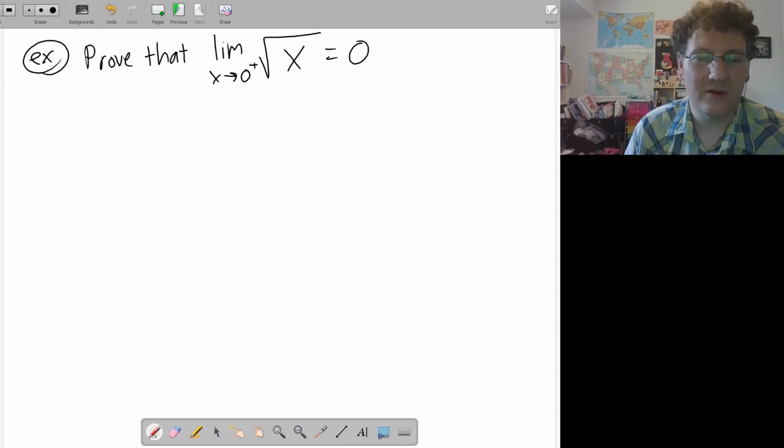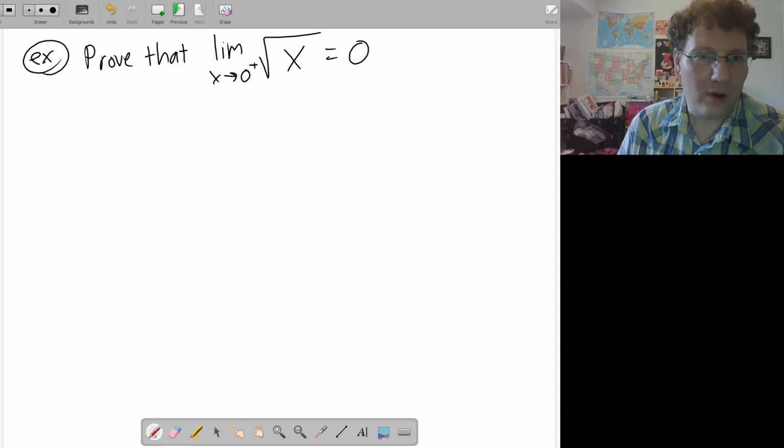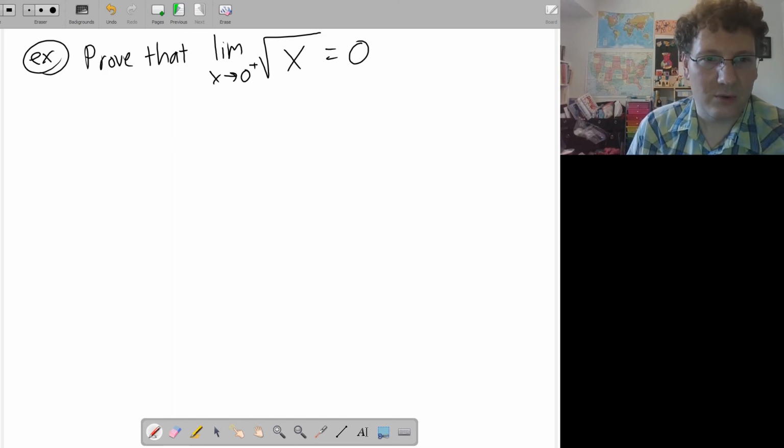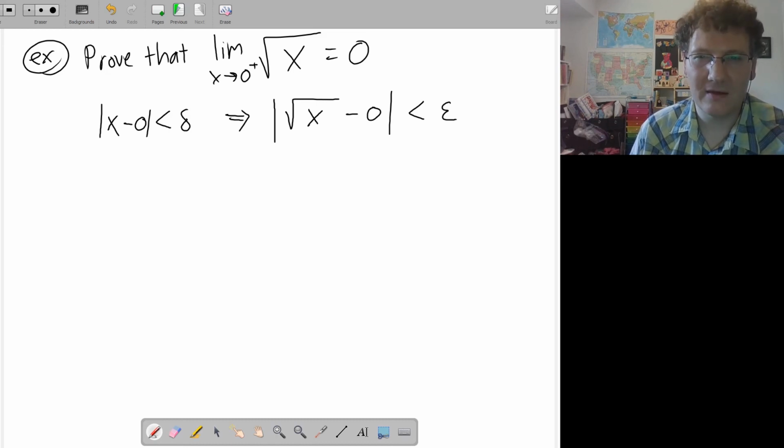Here's another example I want to look at. I want to prove that the right-hand limit as x approaches 0 of square root x is equal to 0. Again, I want the statement that as long as the absolute value of x minus 0 is less than delta, that implies the absolute value of square root x minus 0 is less than epsilon.